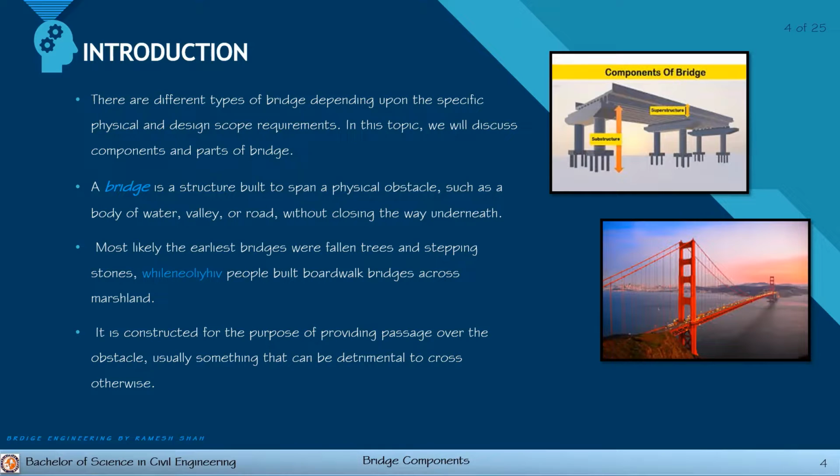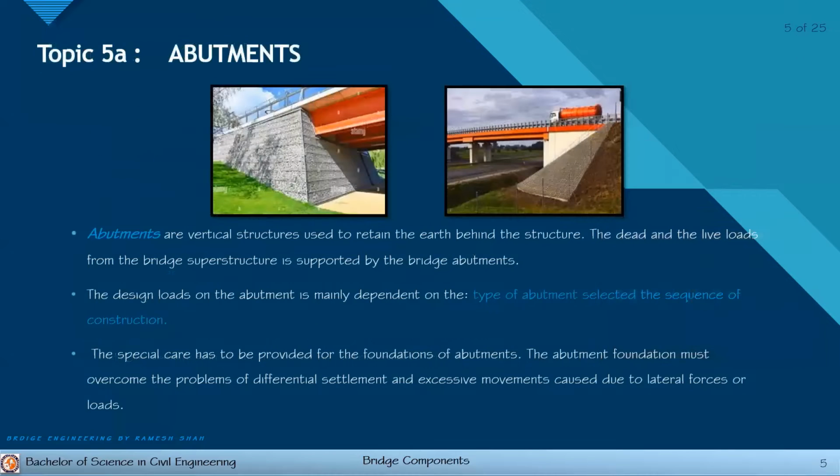I don't know the correct pronunciation, so bear with me. They built boardwalk bridges across marshland. It is constructed for the purpose of providing passage over obstacles, usually something that can be detrimental to cross otherwise. So let's proceed with the topic A, abutments.